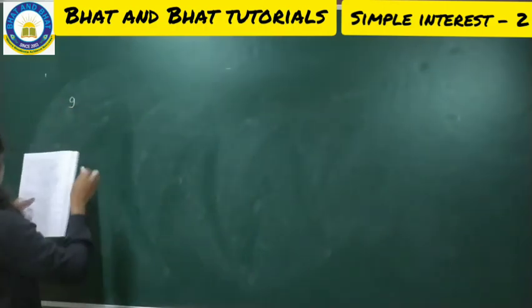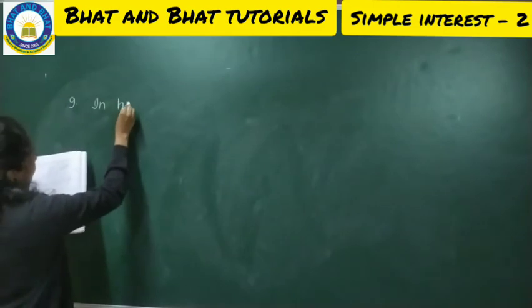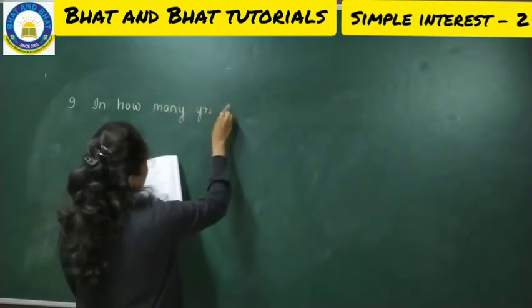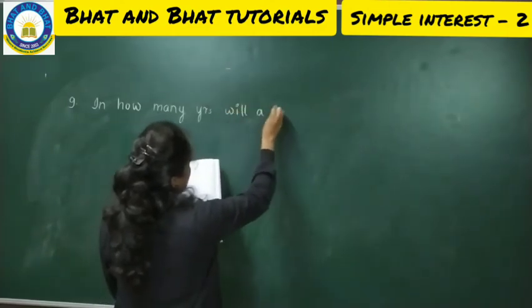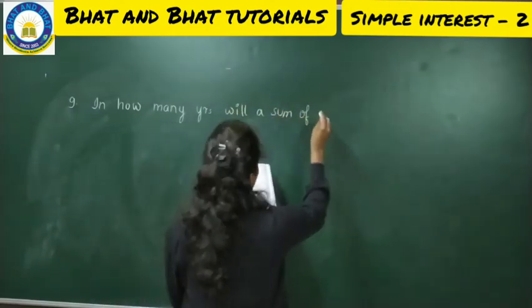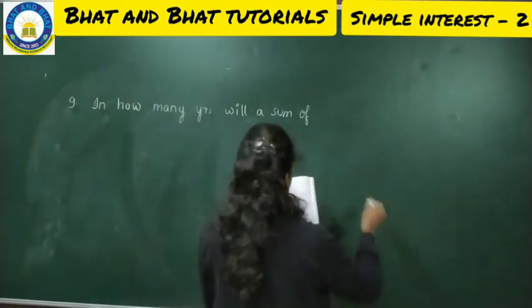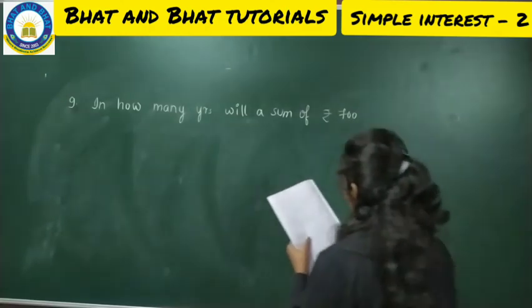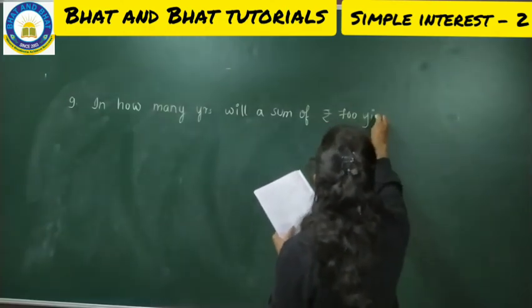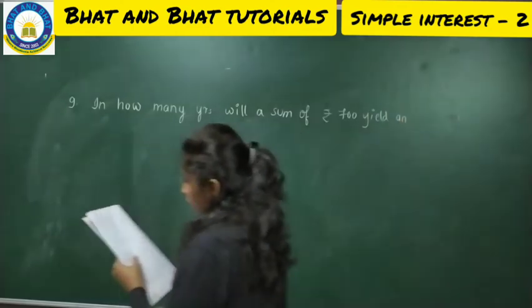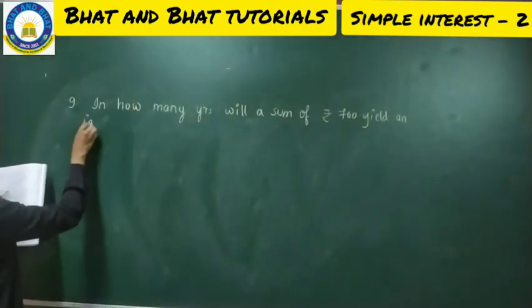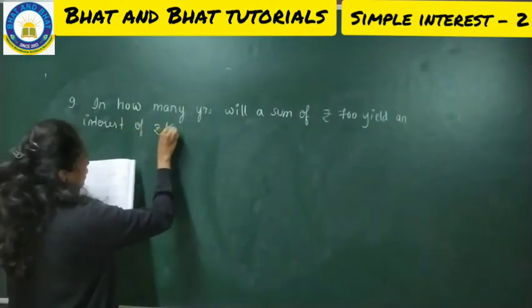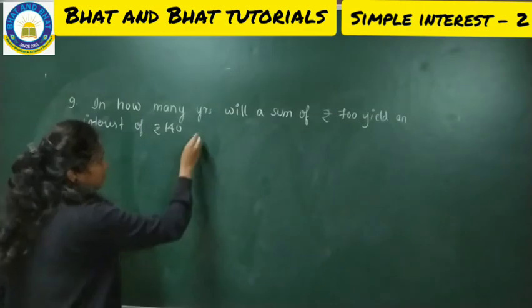In how many years will a sum of rupees 700 yield an interest of rupees 140 at 5% per annum.